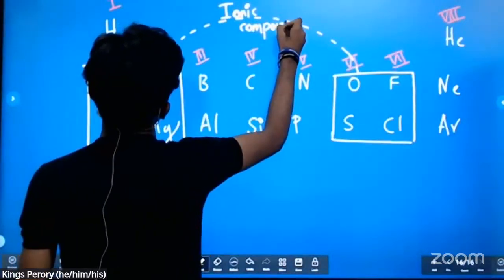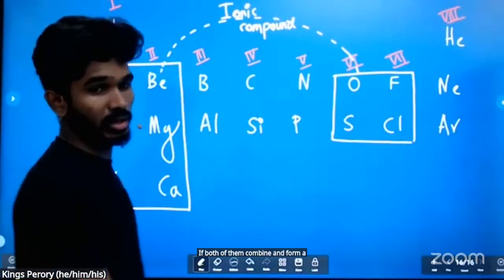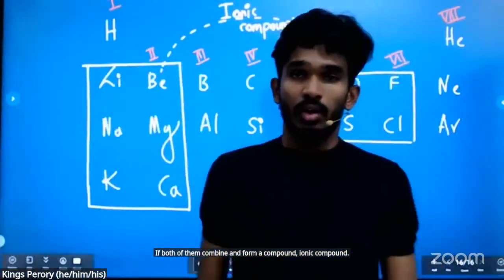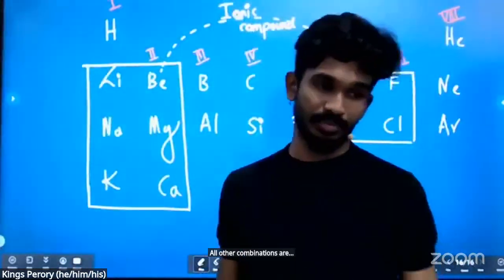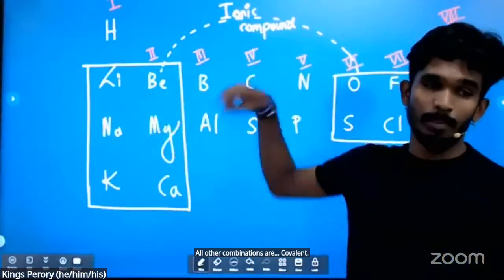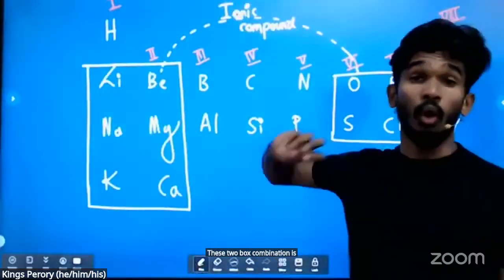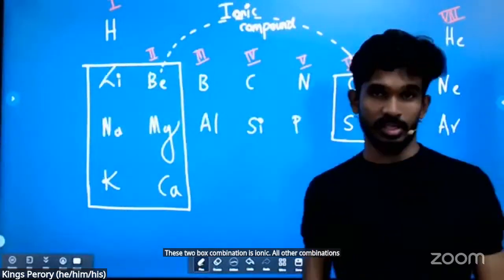All other combinations are covalent. These two box combination is ionic. All other combinations are covalent.